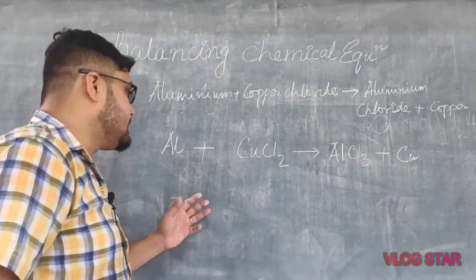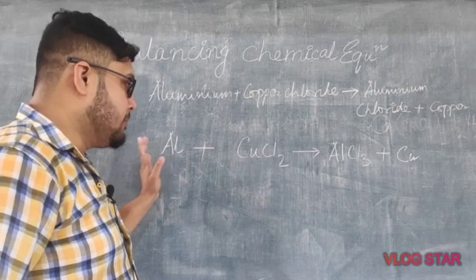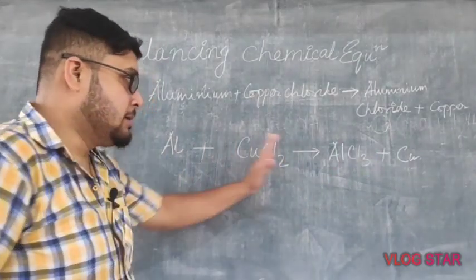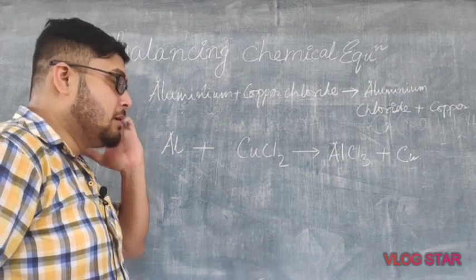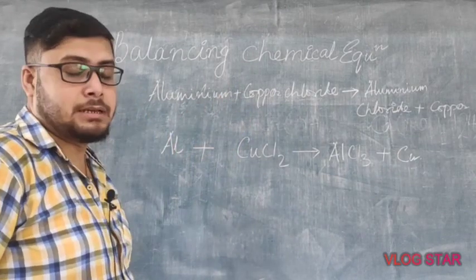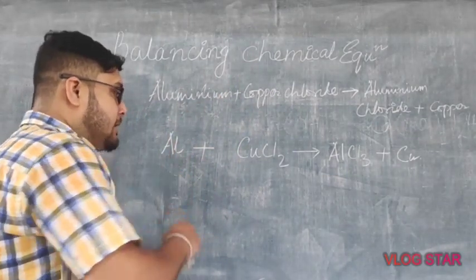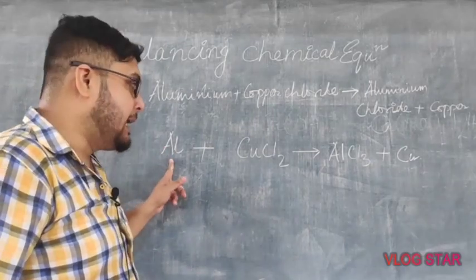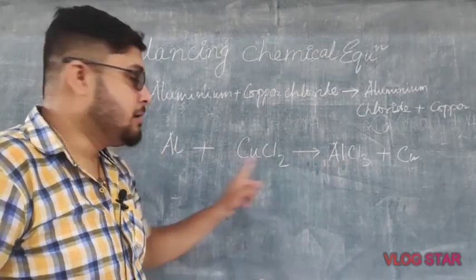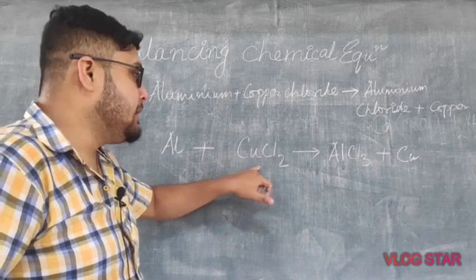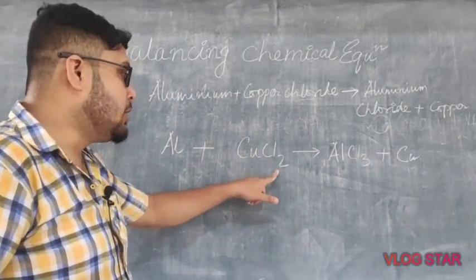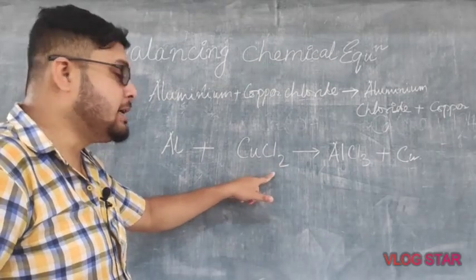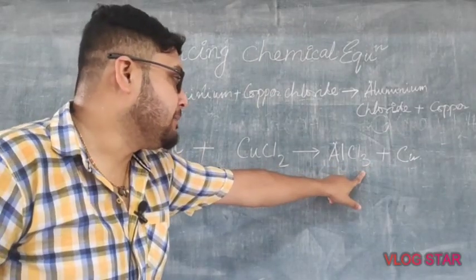Now what we can see here is the skeletal equation of the equation which has been given. So let us see, here is 1 Al, here is 1 Al, here is 1 Cu, here is 1 Cu, both on the reactant and the product side. Now the only thing left is here is Cl2 and here is Cl3.